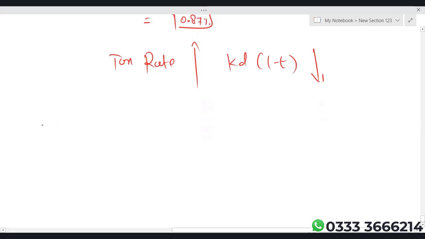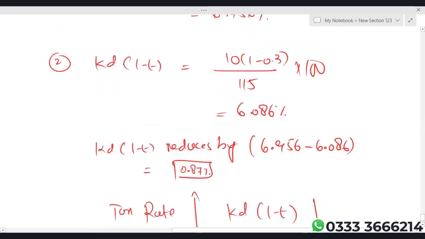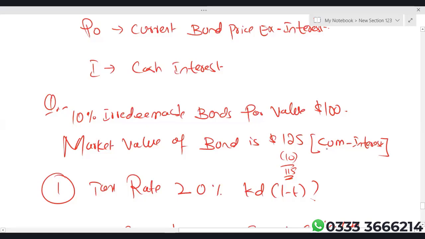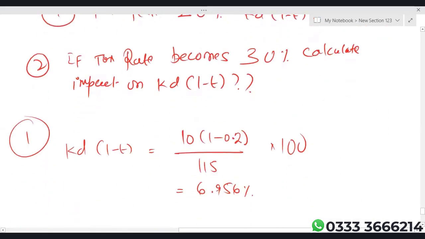Now, there's a possibility of redeemable bonds. Okay, why did we not use 125? What is written, please? Cum interest. We use ex interest.